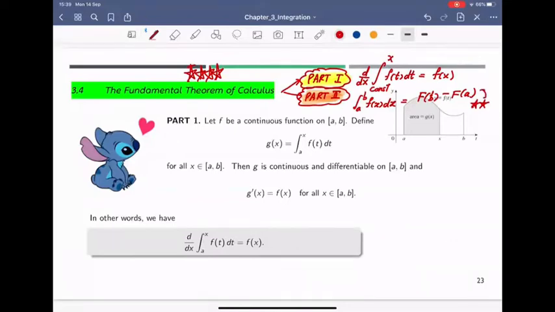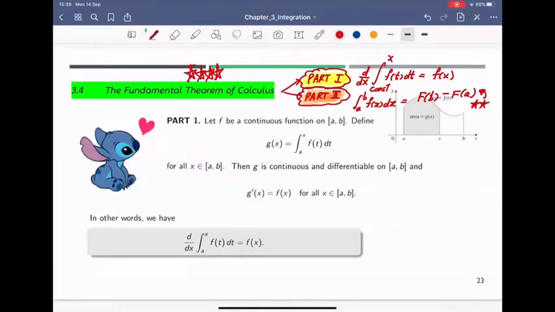This is the one you use a lot in high school when you integrate, like x squared, so I get x cubed over 3. Then if I want to integrate from 1 to 2, I plug in 2, plug in 1, and subtract, and then done. You just use the fundamental theorem of calculus part 2. We're going to learn that on Wednesday, I think. So today we are just going to look at part 1 first.